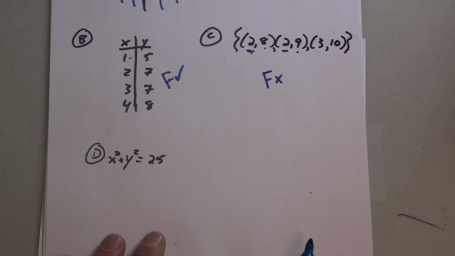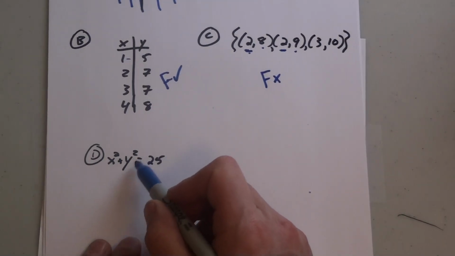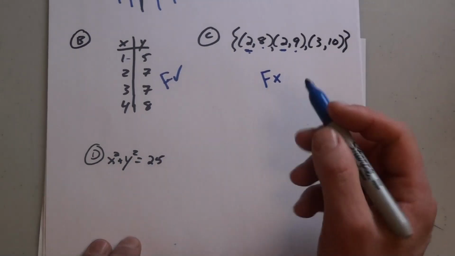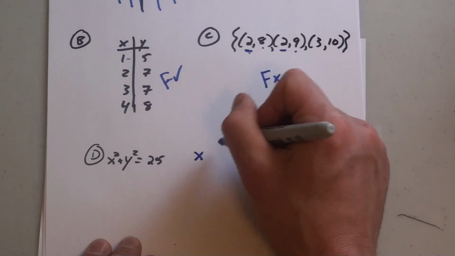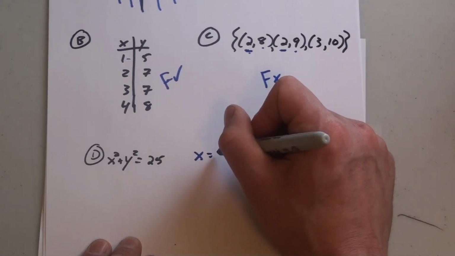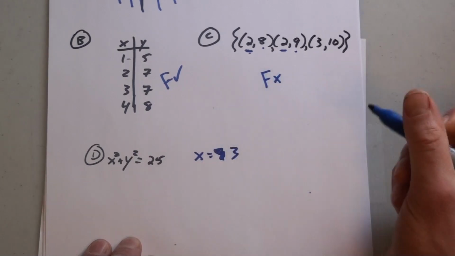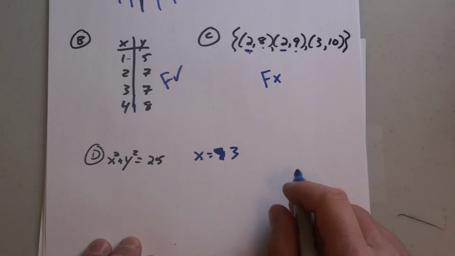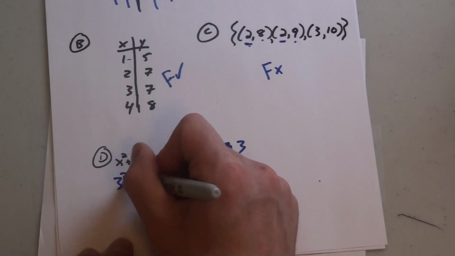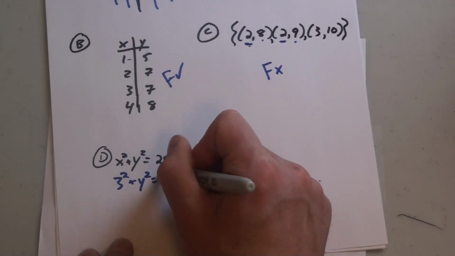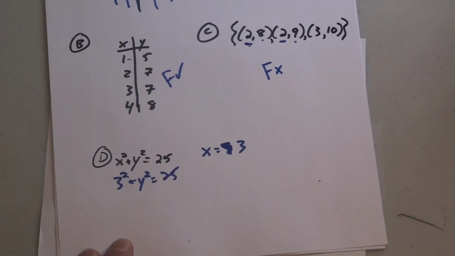And again, if I look at an equation here, x squared plus y squared equals 25. If I was to put in, let's do x equals 3, and I put it into my equation, I will have 3 squared plus y squared equals 25. I want to see how many y values I have. I need to get it by itself.